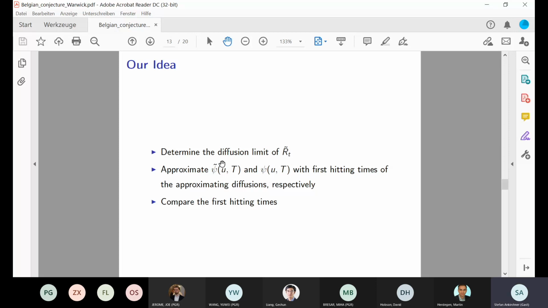It turns out that for these diffusion limits we have explicit formulas for the hitting times, or the hitting probabilities, and by comparing the hitting probabilities, we can confirm the conjecture within the diffusion limit.